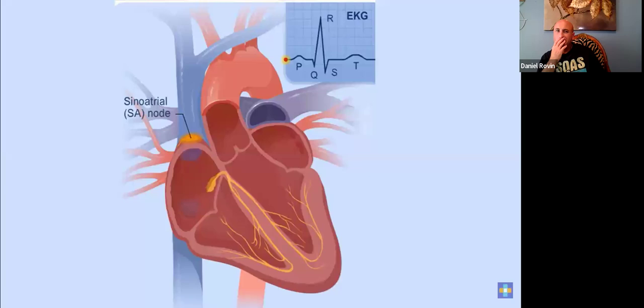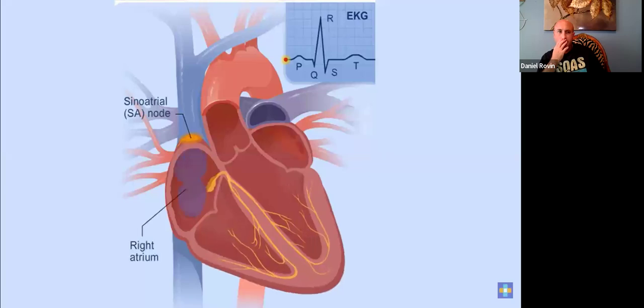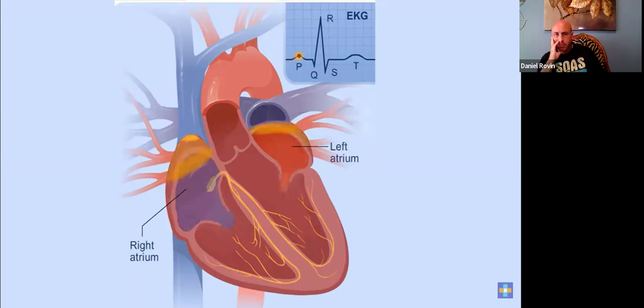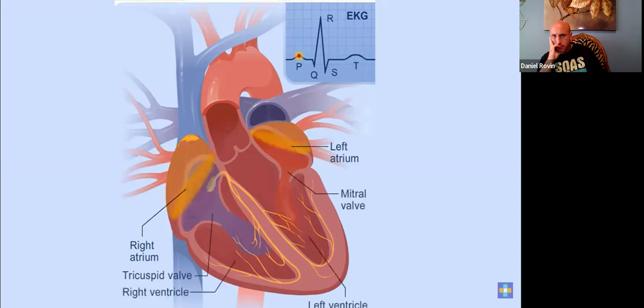The SA node is located in your heart's right atrium. When your heart's right atrium is full with blood, the electrical signal spreads across the cells of your heart's right and left atria. This signal causes the atria to contract, or squeeze. This pumps blood through the open valves from the atria into both ventricles.